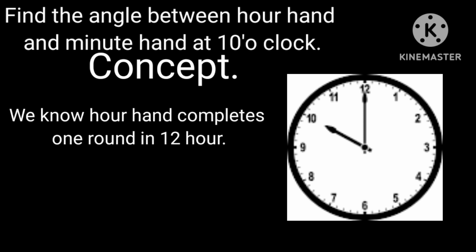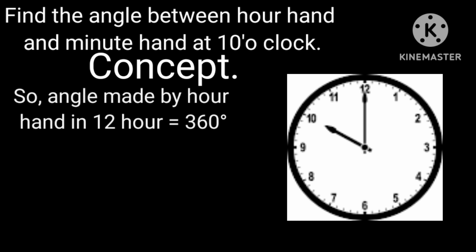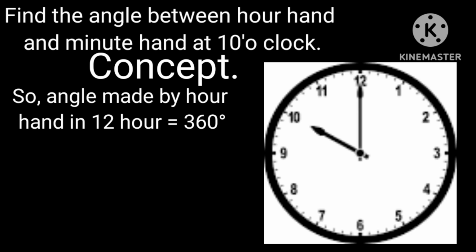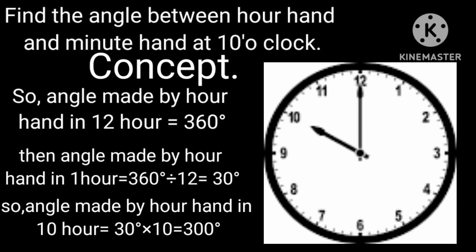We know the hour hand completes one round in 12 hours. One round means an angle of 360 degree. So the angle made by the hour hand in 12 hours is equal to 360 degree. Then the angle made by the hour hand in 1 hour is equal to 360 degree divided by 12, which comes out to be 30 degree.